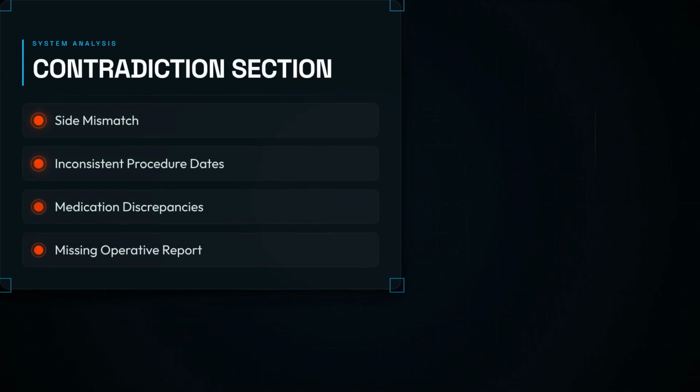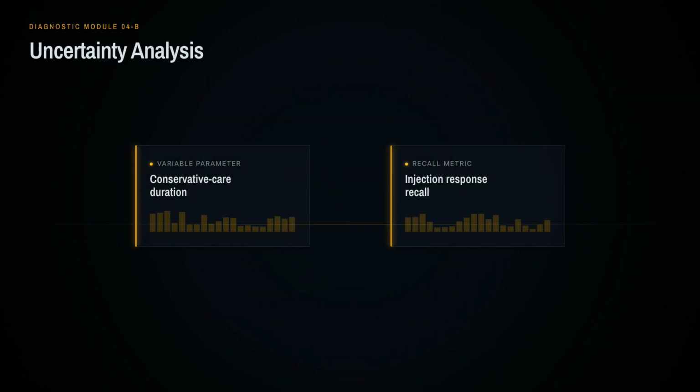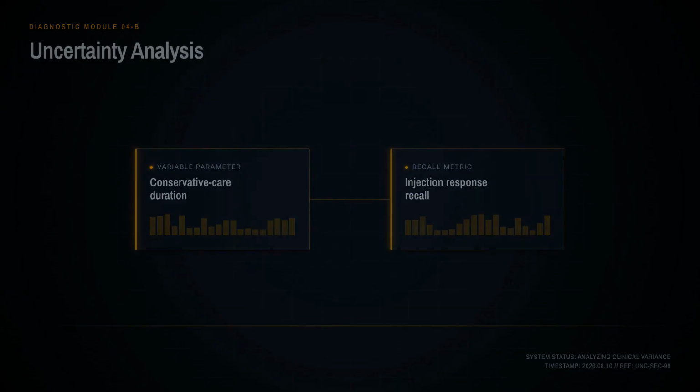It creates a dedicated contradiction section: side mismatch, inconsistent procedure dates, medication discrepancies, and missing operative report. It also creates an uncertainty section: whether images are available, whether conservative care duration can be verified, and whether prior injection response was documented prospectively or recalled later.